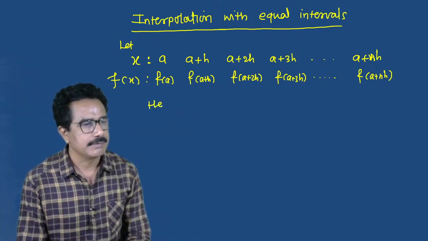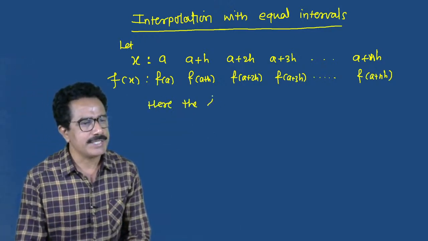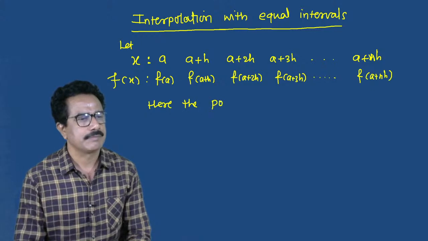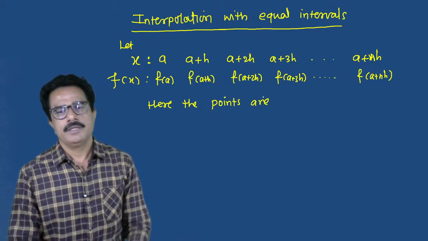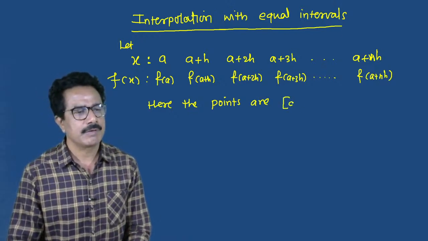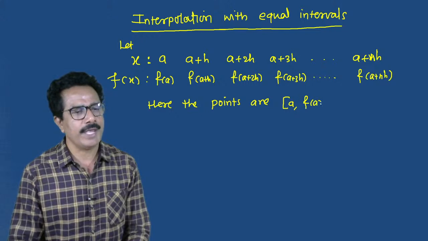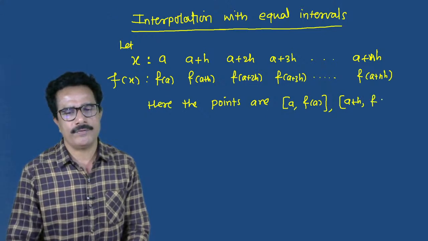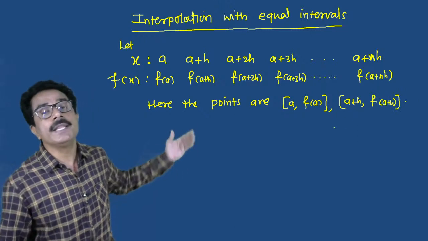Here the points are: first, a comma f of a, second point, a plus h comma f of a plus h. In this way we can obtain the points.